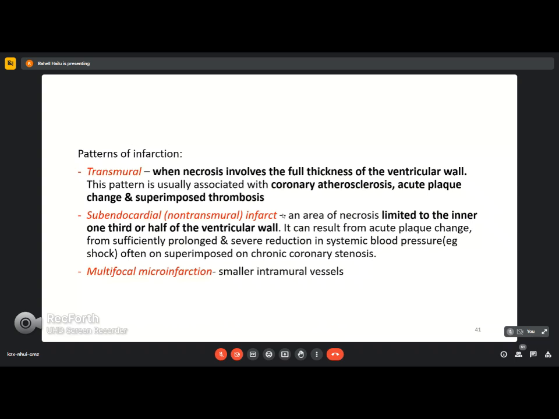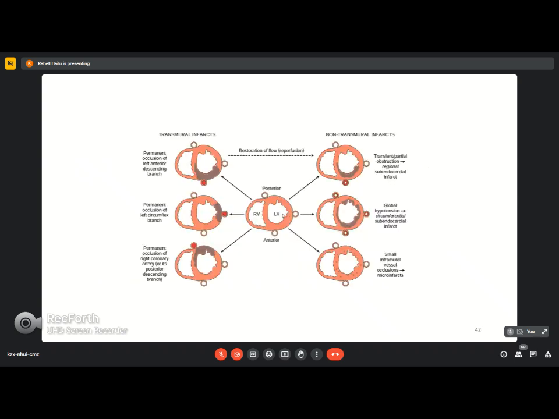So the patterns of infarction can be transmural, that means involving the full thickness of the ventricular wall. Or it can be subendocardial or non-transmural, which is limited only to the inner one-third of the ventricular wall, and it can result from an acute plaque change, or it can be multifocal microinfarction where the damage is involving multiple sites.